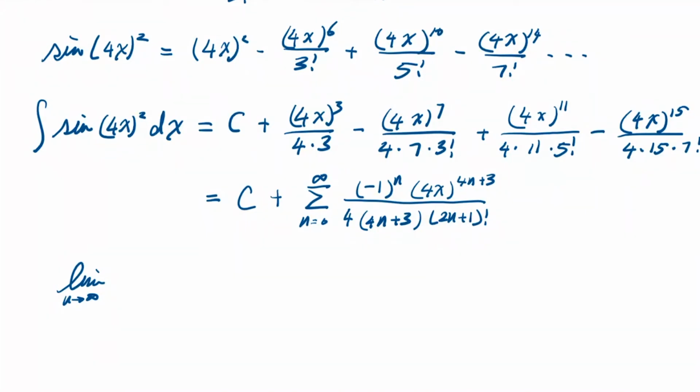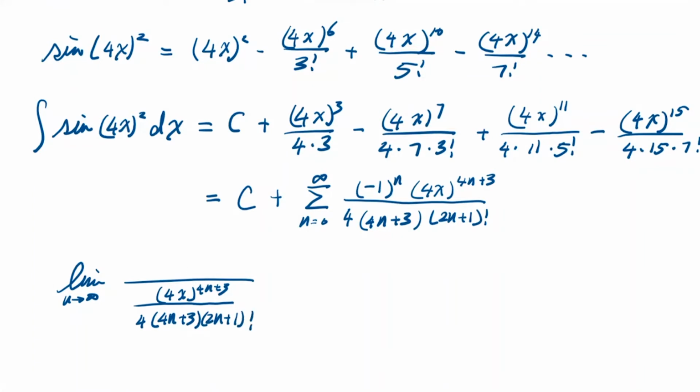Yeah, limit. Okay, absolute value. Oh my God, let's write that ugly thing. 4x to the 4n plus 3 over 4 to the 4n plus 3 and 2n plus 1 factorial.